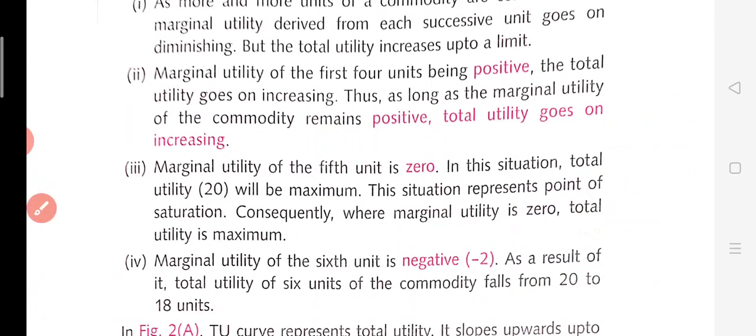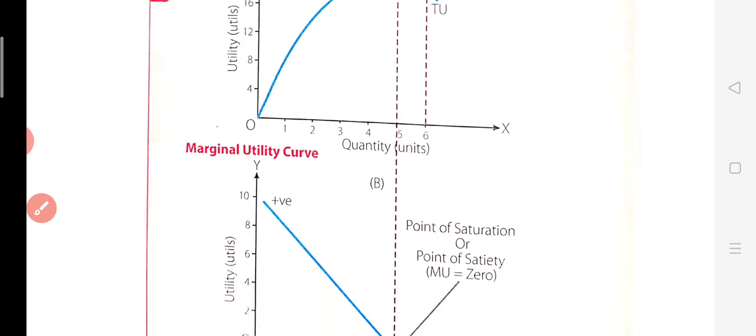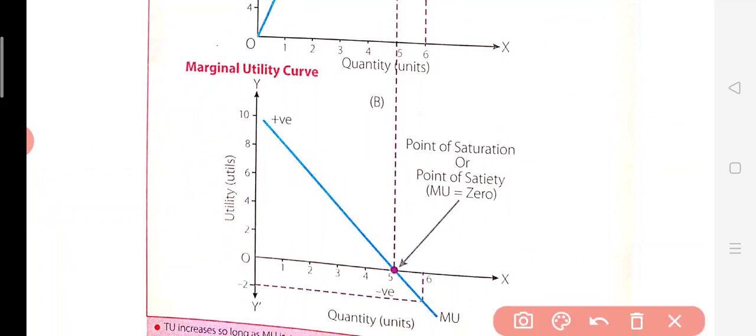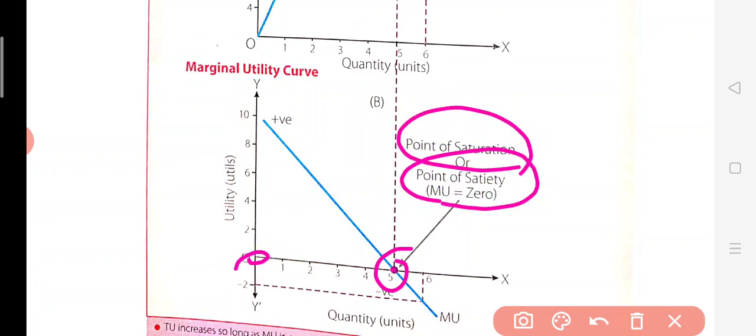Remember here, when MU was touching the x-axis, so how much was it? This MU was actually 0. Okay, it is also called the point of satiety or point of saturation.